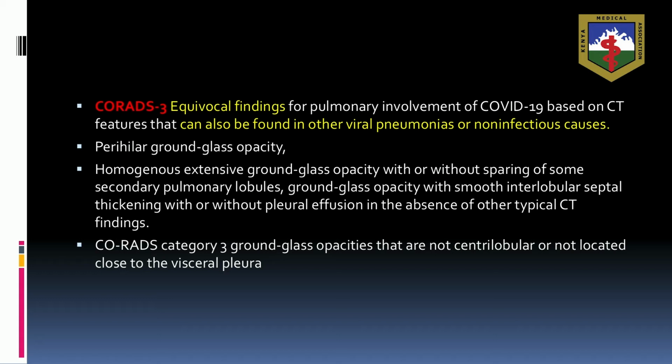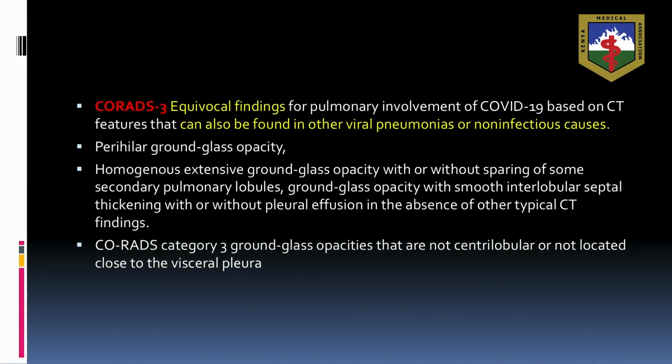You'll still have ground glass with smooth interlobular septal thickening with or without pleural effusions in the absence of other typical CT findings. Remember, in COVID-19, the apices of the lungs and the apical segments are typically spared. CORADS 3: ground glass opacities that are not centrilobular or not located close to the visceral pleura.